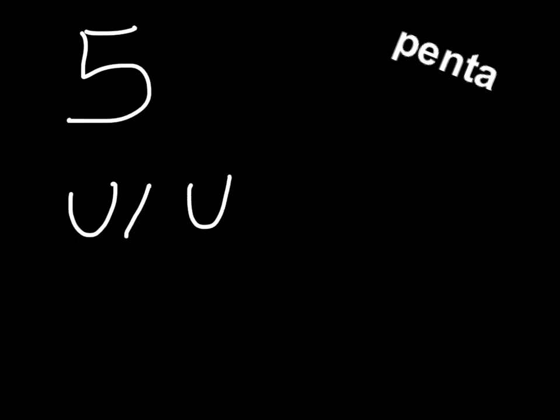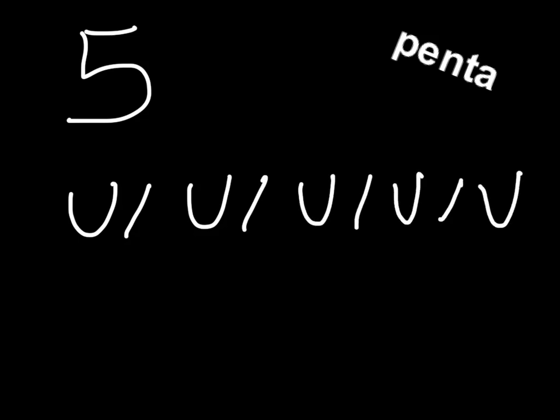As you likely know from words like pentagon or pentagram, the root penta means 5. So when we have 5 groupings of iambs, 1, 2, 3, 4, 5, we have what's called iambic pentameter.